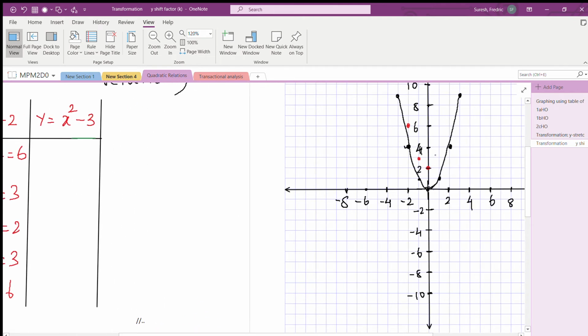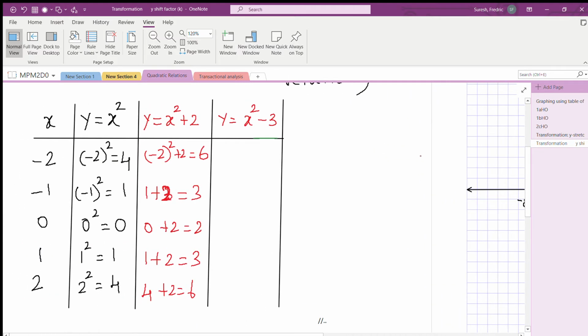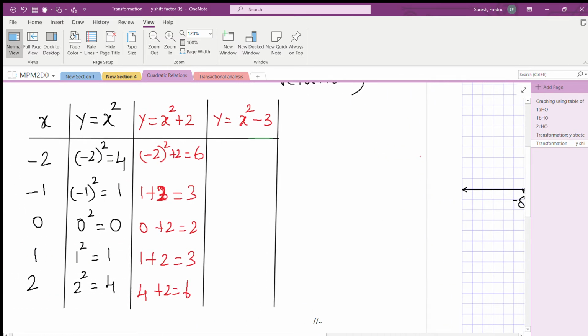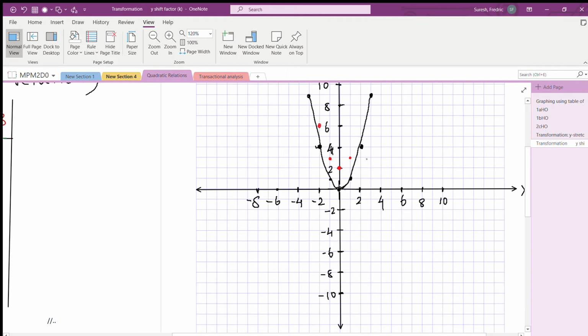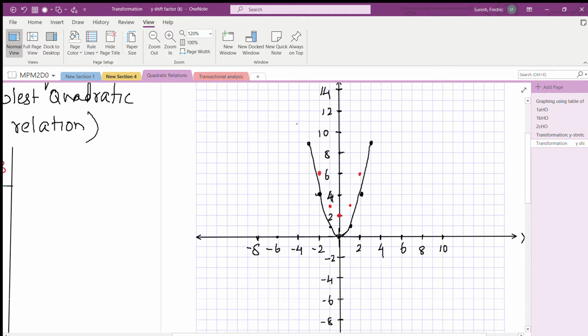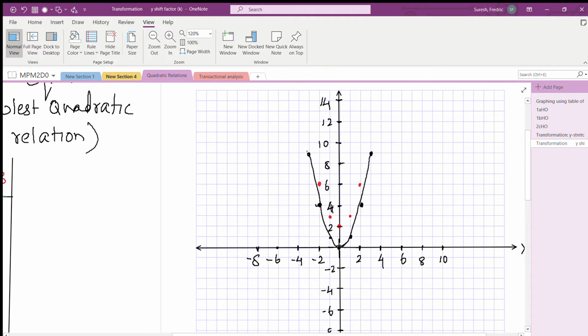Going back, looking at the numbers, the 2, 4 now has become 2, 6. We can also do the same thing to these values here. The -3 and 9, we are adding 2, so the 9 becomes 11, and the same on the other side.